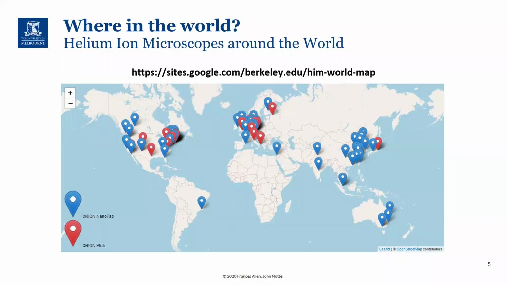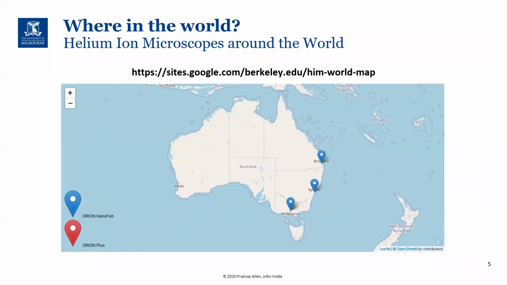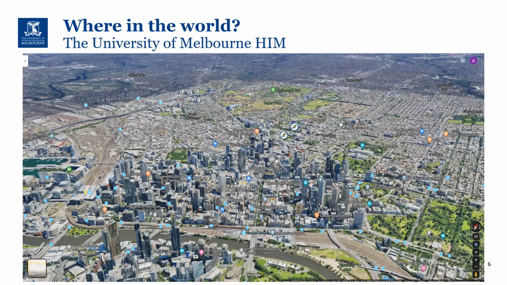We are, of course, talking to you from Australia, and we have microscopes in 3 locations in Australia: Brisbane, Sydney, and Melbourne. We actually have 4 microscopes in Australia. So there's 1 in Brisbane, 1 in Sydney, and 2 in Melbourne. I'm talking to you from Melbourne, of course. This is the Melbourne CBD. And we come from the University of Melbourne, which is just north of the CBD.